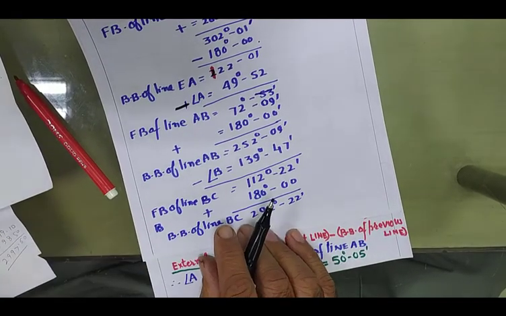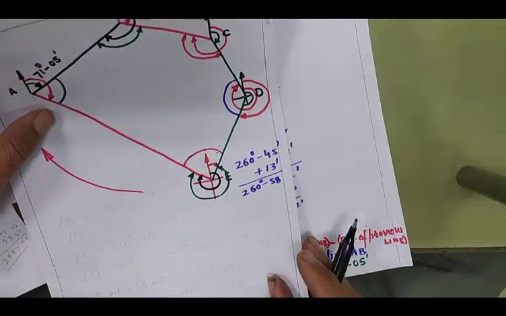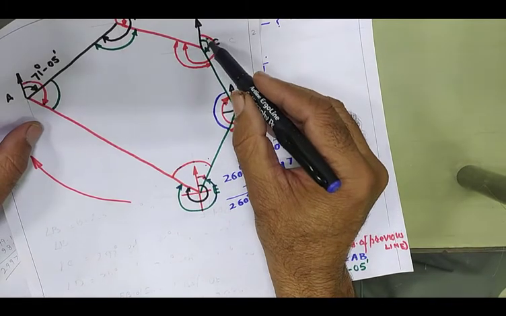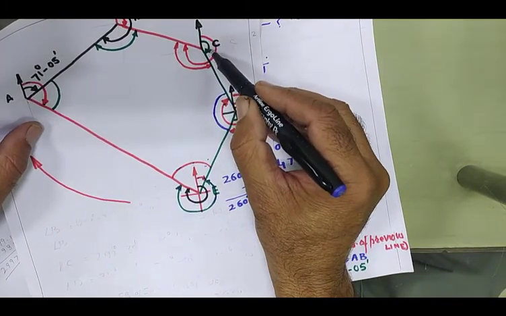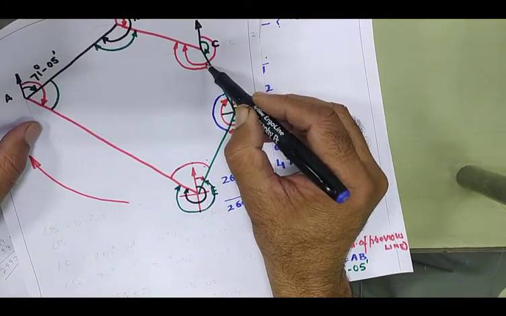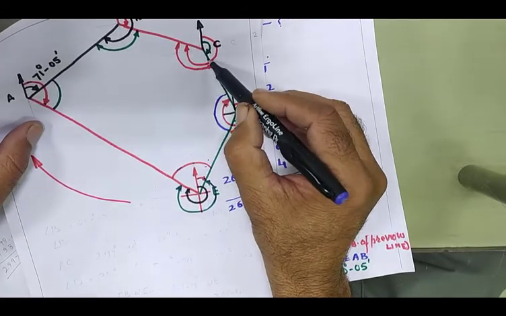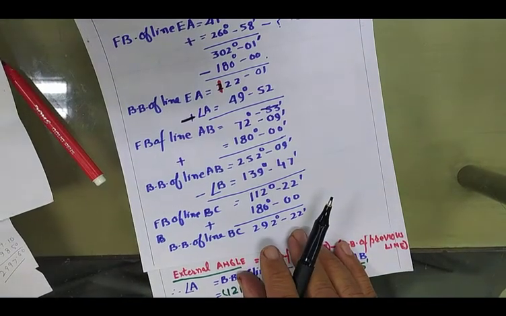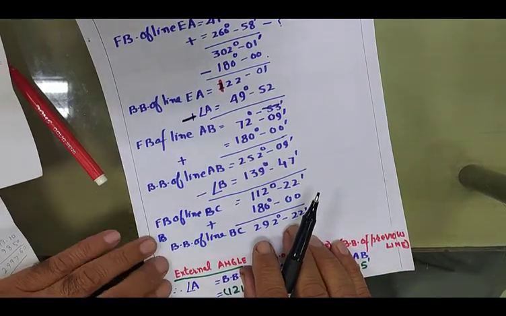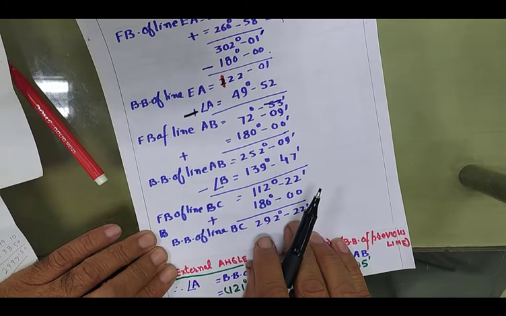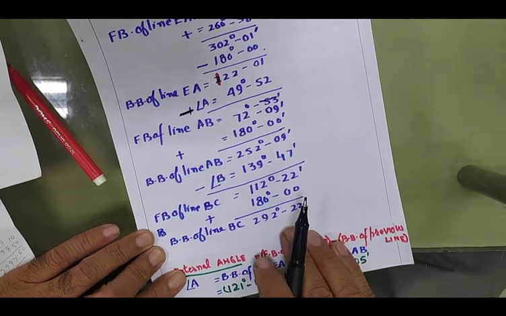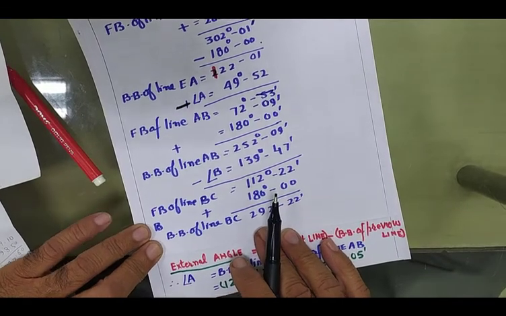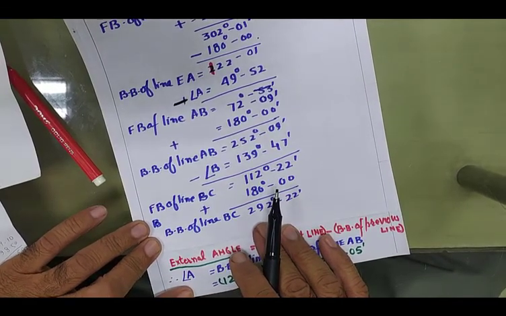So the back bearing of line BC is equal to 292 degrees 22 minutes.